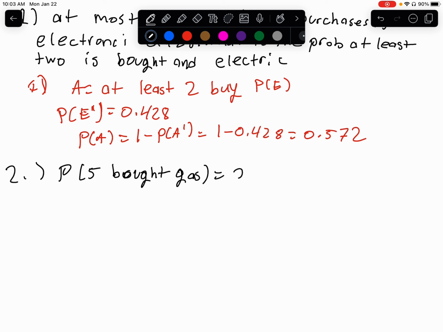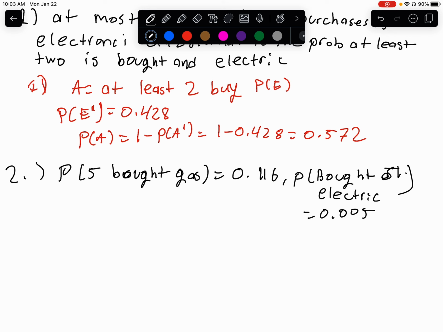The second part of this question: if all 5 bought gas, let's say we actually get a number for this one, 0.116. Then if all 5 bought electric, the probability equals 0.005.